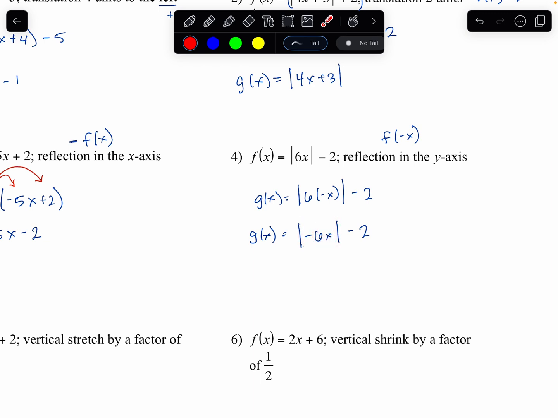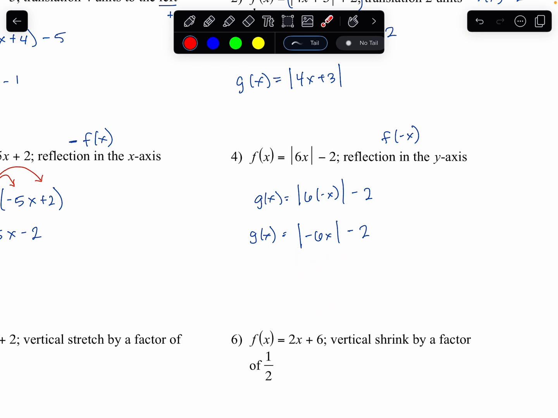If I plug in 1, this will become negative 6, and the absolute value of negative 6 is 6. And if I plug in 2, that will become negative 12, and then the absolute value of that would just be 12.